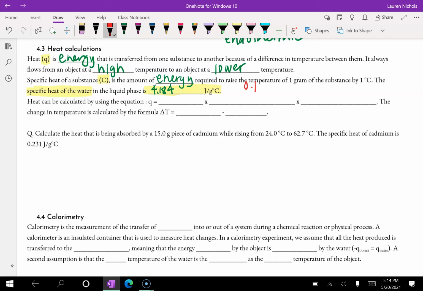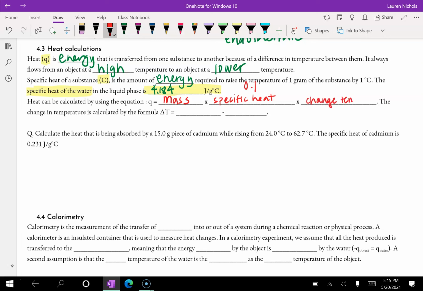And you can do a calculation to determine how much heat has been absorbed or released using the formula Q equals mass times specific heat times change in temperature.